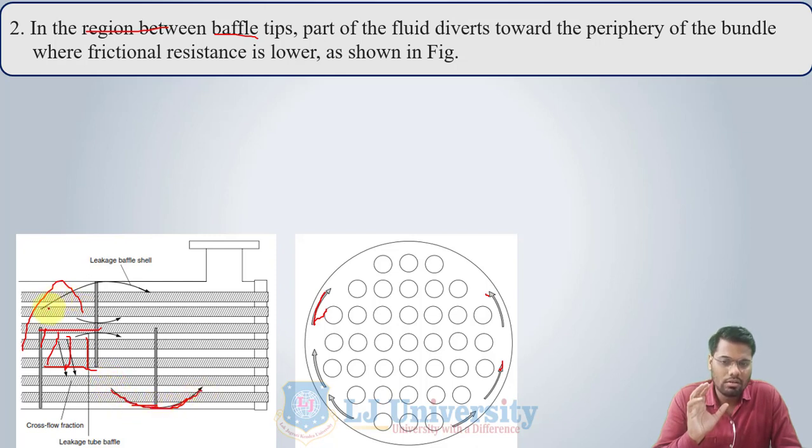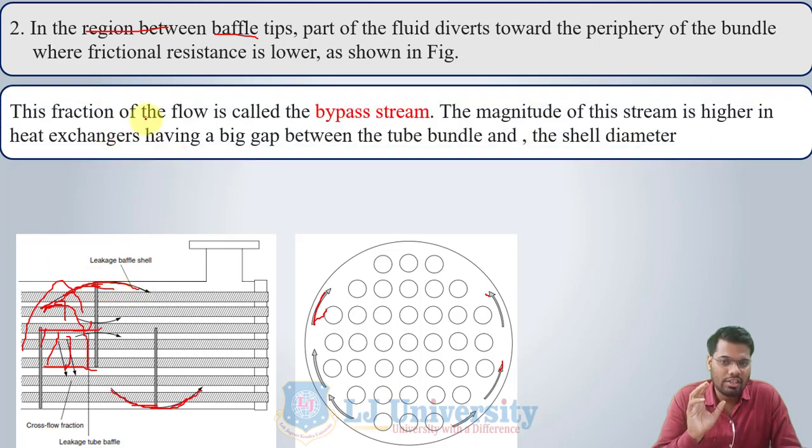When there is a huge flow of mass of the fluid, some fluid is not going to come through this path. It is going to cross the baffle through this clearance. This fraction of flow is called the bypass stream, which bypasses the tubes and goes directly from this side to this side.